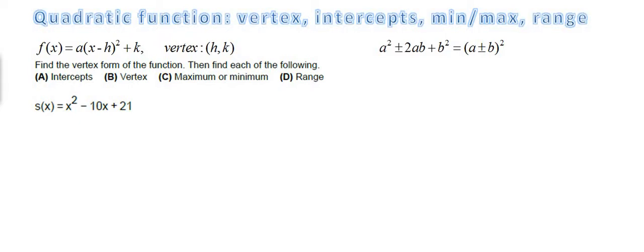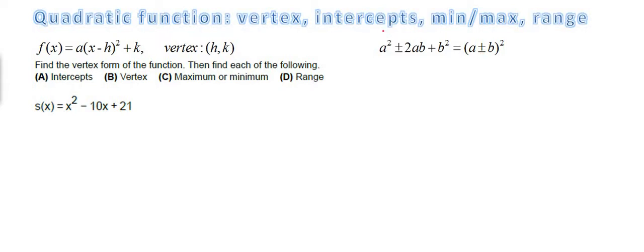If the middle term is positive 2ab, we should use plus. If it's negative 2ab, it should be minus.